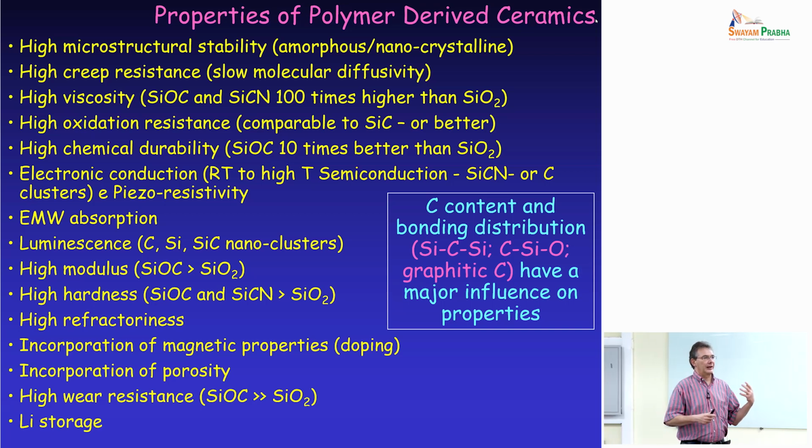You can, of course, as I will show you, incorporate porosity into any of these preceramic polymers, and you can do that easily because they behave like plastics before being pyrolyzed. And people have been using them for lithium storage. Lithium ions intercalate into the turbostratic carbon phase, and this has been demonstrated.